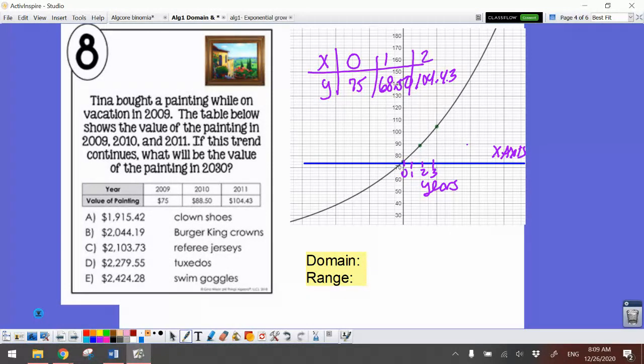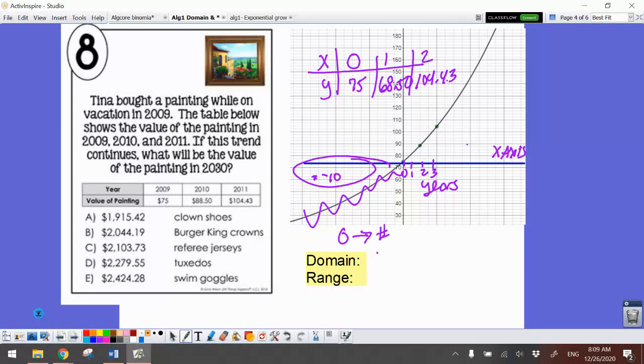Okay? So am I going to use negative numbers? Am I going to have any number over here at negative 10? Am I even going to pay attention to this part of the graph? No, I don't have that section of the graph because years can't be negative. So my years are starting at 0 and going up.